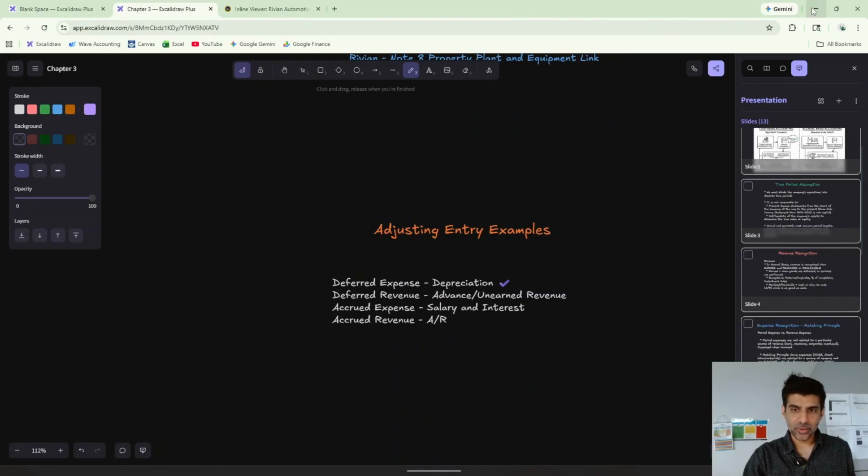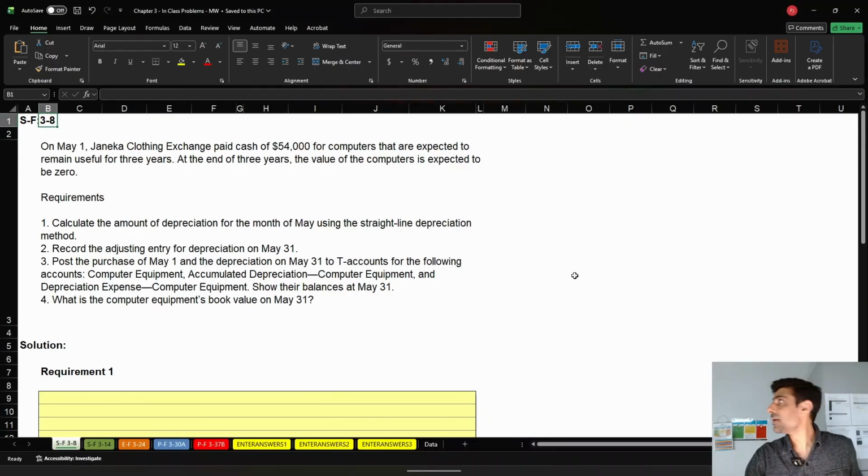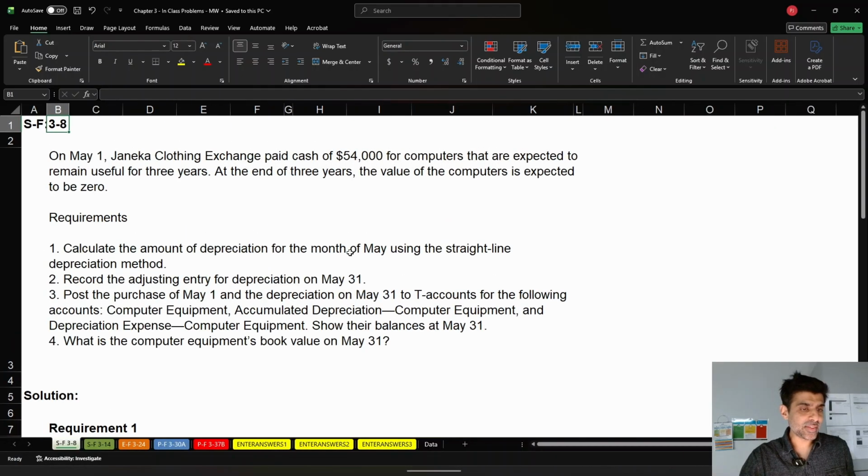Okay, yeah, so let's do an example now. If you open up the in-class Excel sheet, the first tab is 3-8, and you're basically given a situation where you have an asset, computer equipment in this case. You're told what the useful life is. You're told what the residual value is, and your job is to calculate the monthly depreciation.